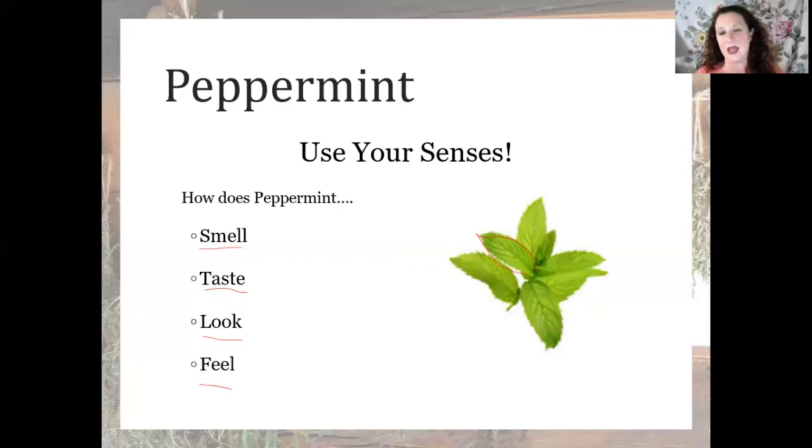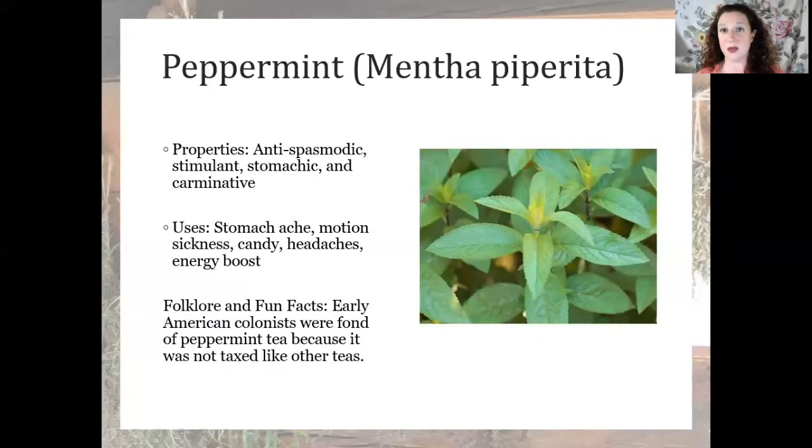Things like catnip or spearmint or lemon balm tend to have bigger leaves, and they have a little bit more texture to them. Whereas peppermint leaves are very smooth. They tend to be smaller, but they are most definitely a mint. So that's just a little bit to get you started thinking about peppermint. So let's talk about what we can do with peppermint.